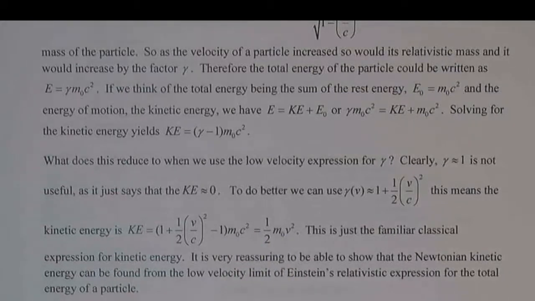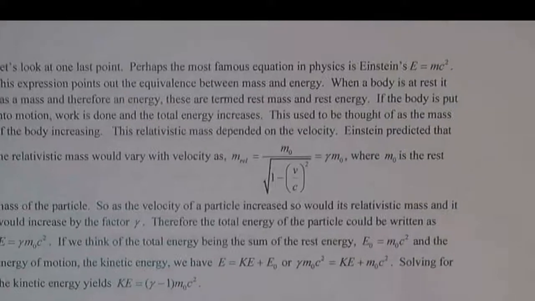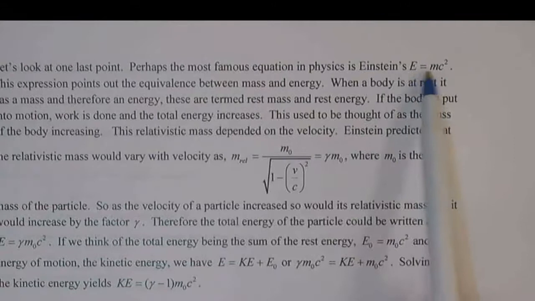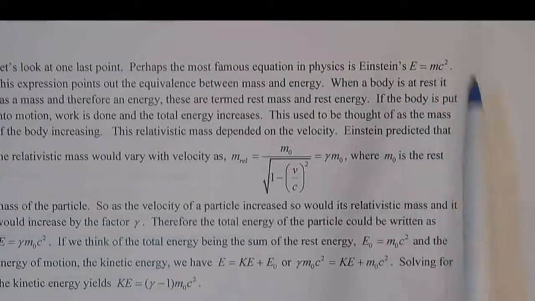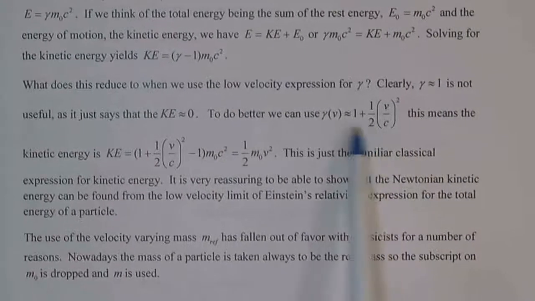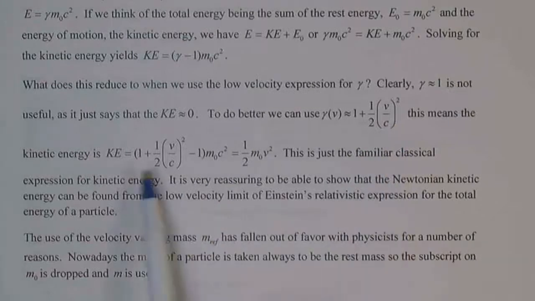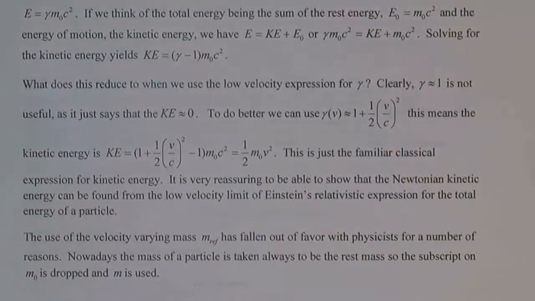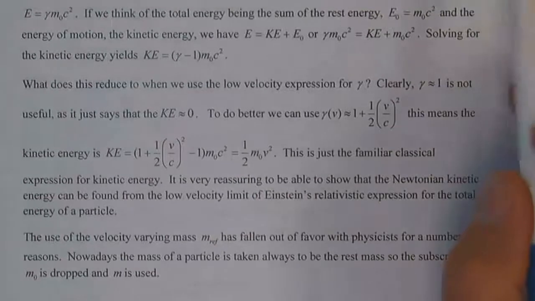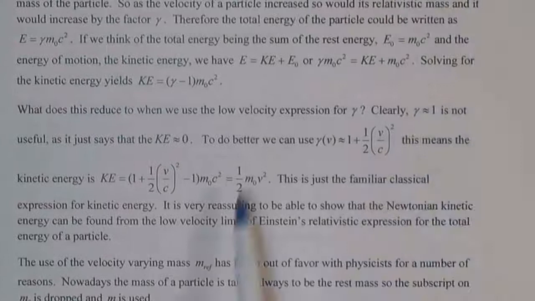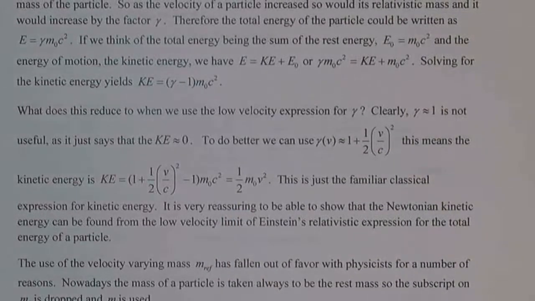So I think it's really a very reassuring result that we could start out with Einstein's energy mass equivalence expression and, looking in the low velocity limit, expanding gamma, return to kinetic energy equals 1/2 mv squared. So this is nothing other than the first approximation to relativistic energy, giving us our kinetic energy 1/2 mv squared. So I think that's a very nice result.